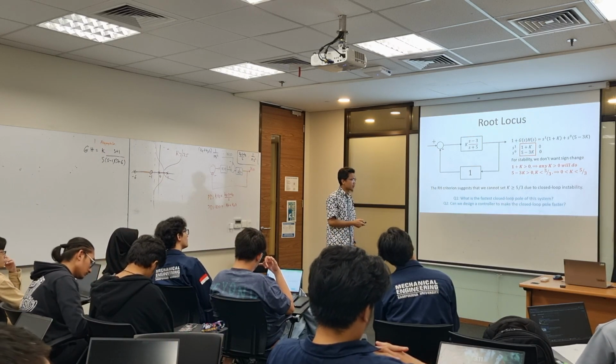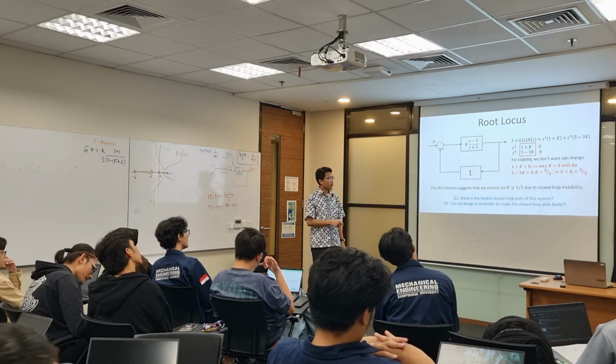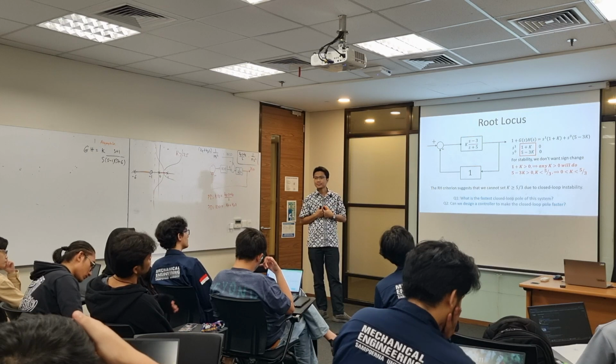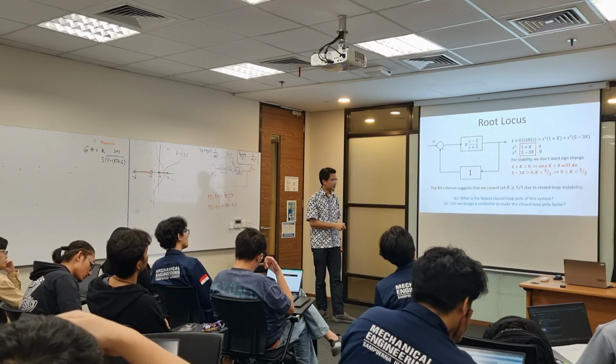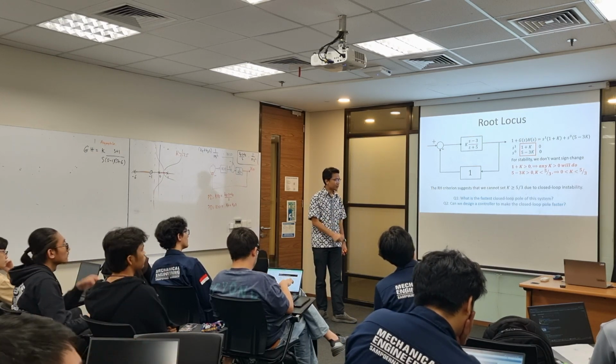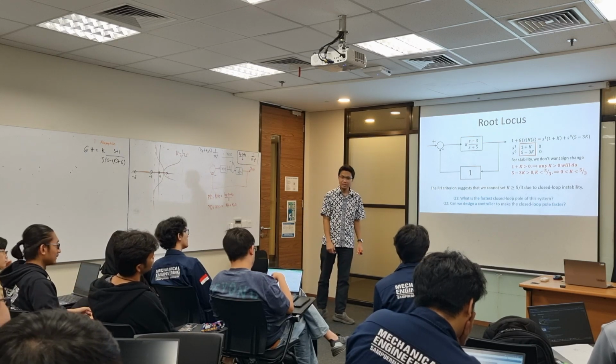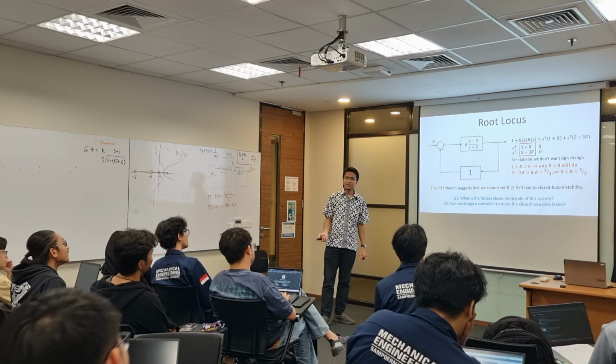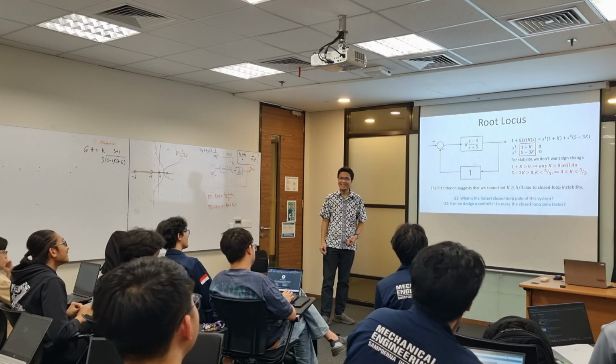However, another question that I want to ask is, what is the fastest closed loop pole of this system? And can we design a controller to make the closed loop pole faster? Can you answer that? Yes. What's your basis of answering that?